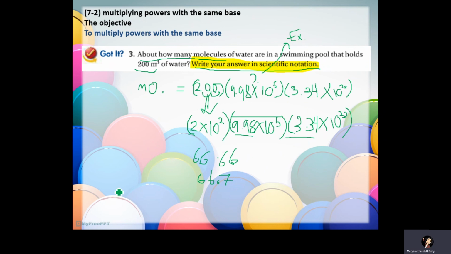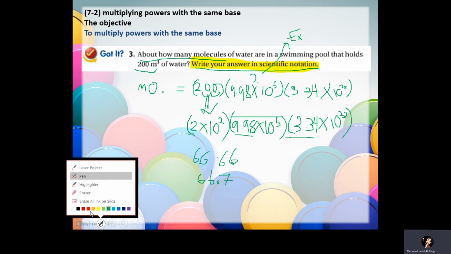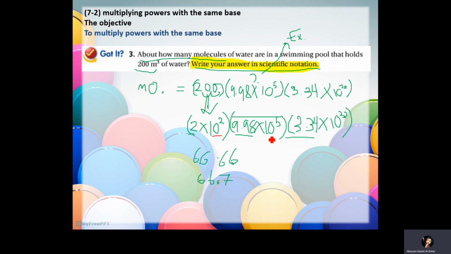Let's continue here. We now multiply the tens, including the powers. They all have exactly the same base. So times 10 to the power 2 plus 5, 7. 7 plus 22, it's 29. So that is times 10 to the power 29.